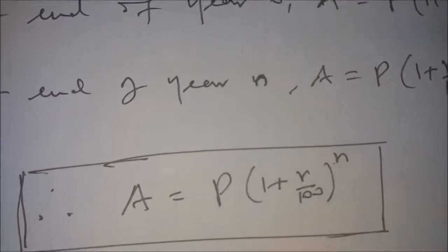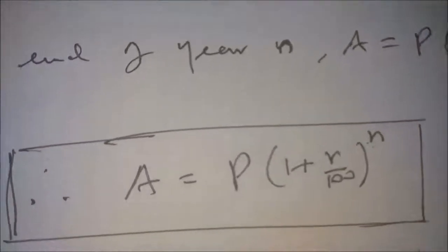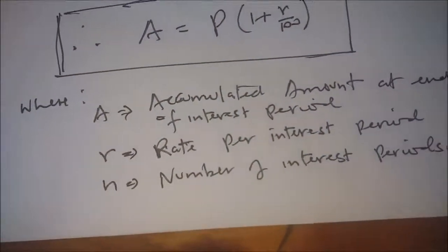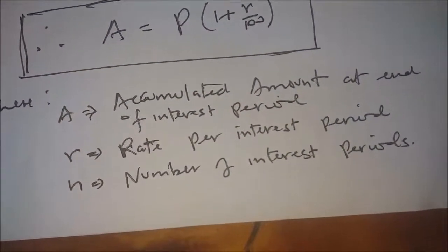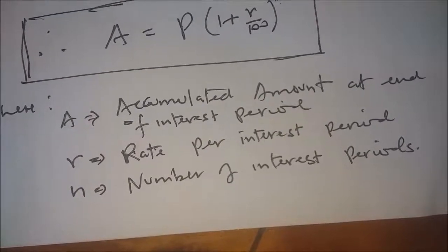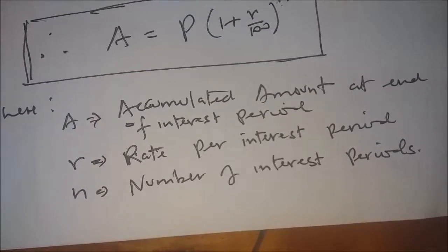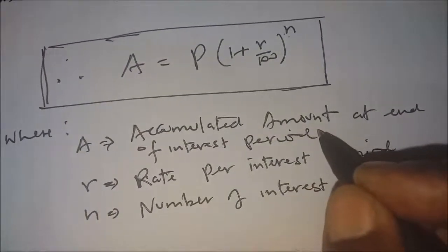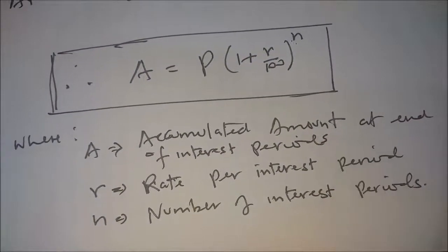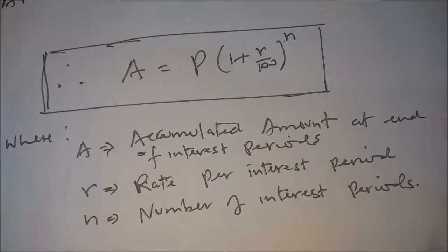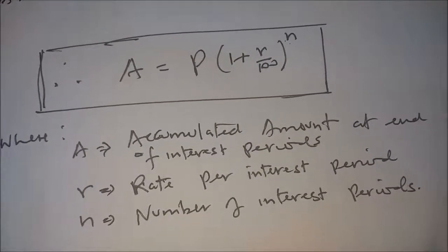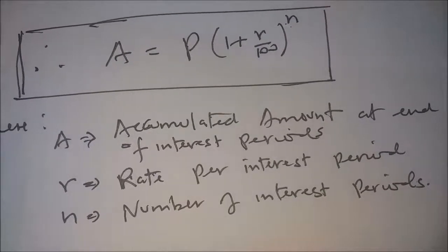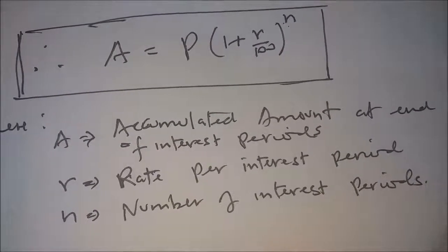We call it the compound interest formula, where A stands for accumulated amount at the end of interest periods, R is the rate per interest period, and N is the number of interest periods.